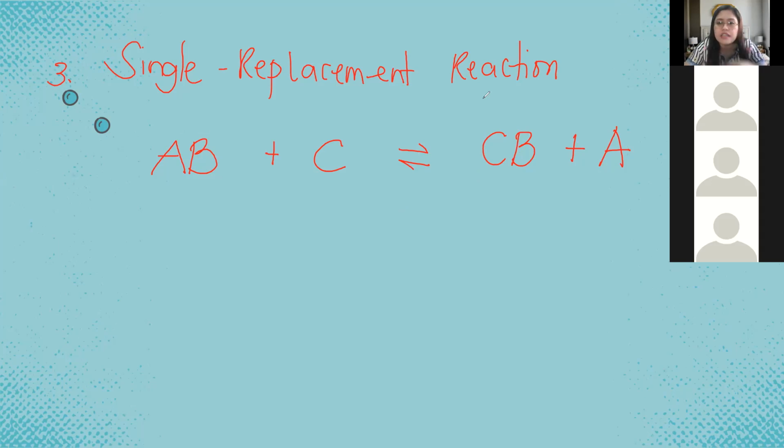Pero si single replacement ay hindi basta-bastang nangyayari. Kasi meron tayong tinatawag na activity series of metal. Again, meron tayong tinatawag na activity series of metal. Na ngayon, di ba meron kayong index card para sa mga polyatomic ions.